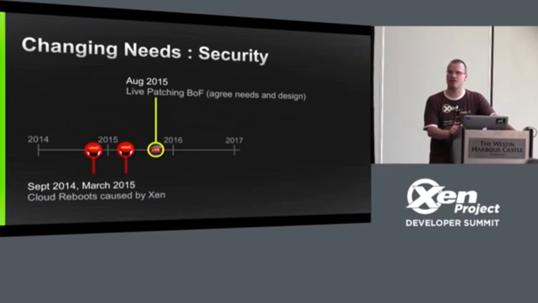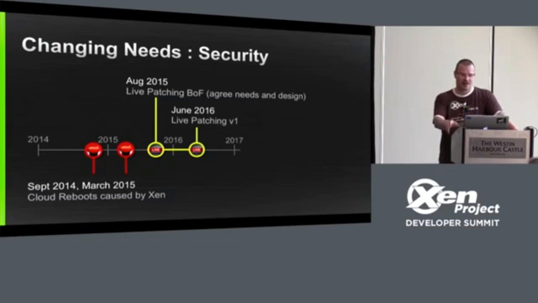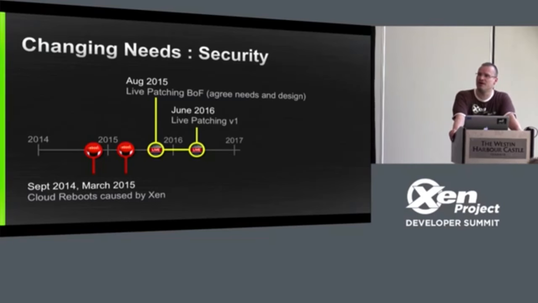And, Conrad, some folks from Amazon, Alibaba, Ross, and various other people got together, agreed a design, we posted it, and in fact, we had the first version of this released in June 2016.